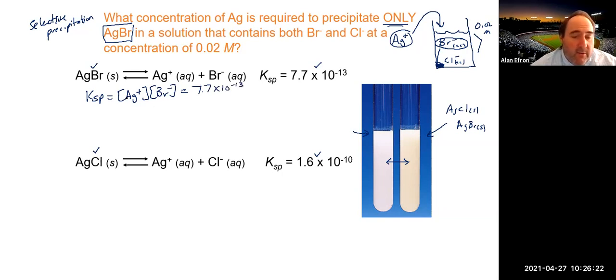Well, I want to know really how much silver I need to add. The good news is I already know the concentration of bromide. It is 0.02.